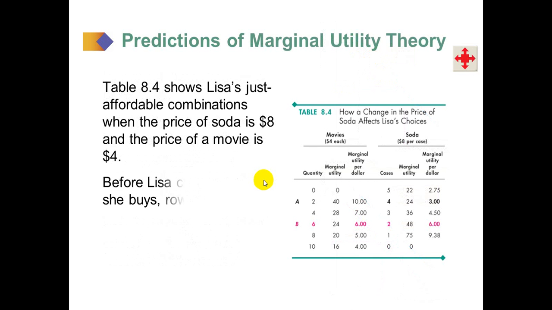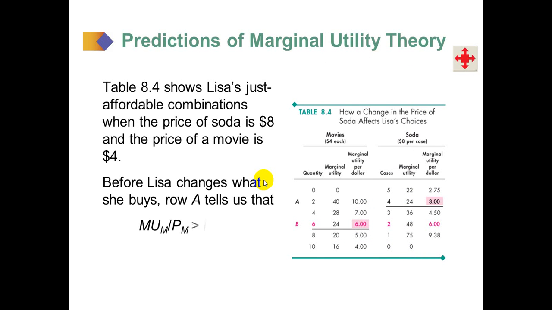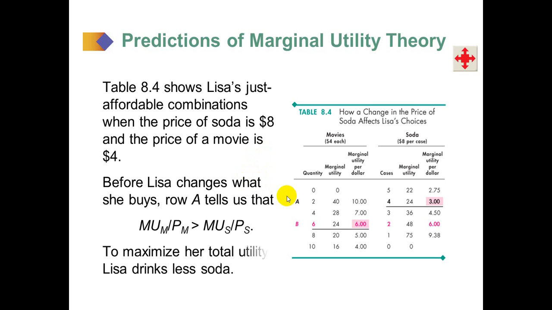Table 8.4 shows a just affordable combination when the price of soda is $8 and the price of a movie is $4. Before Lisa changes what she buys, row A tells us marginal utility for M divided by price of M is more than marginal utility for S divided by PS. So it is not an equilibrium point.